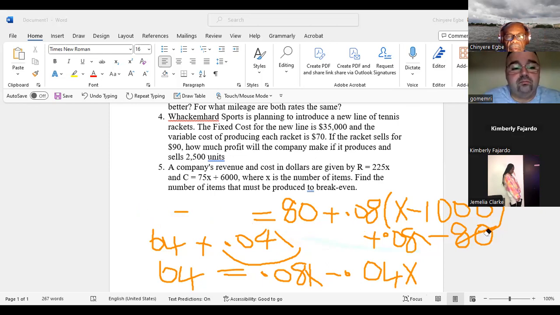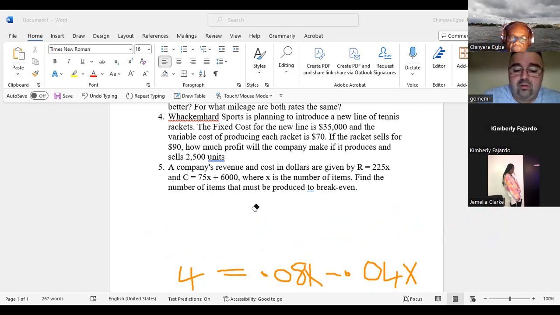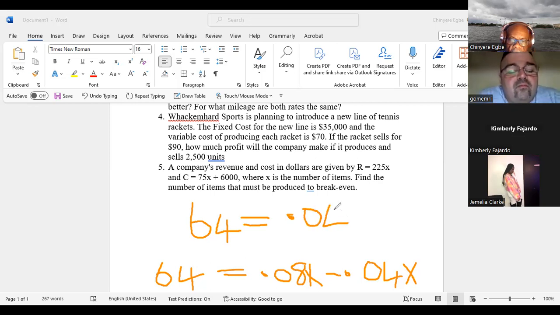So I'm going to take that off. All right. This was 64. So now we have that 64 is equal to 0.04x.